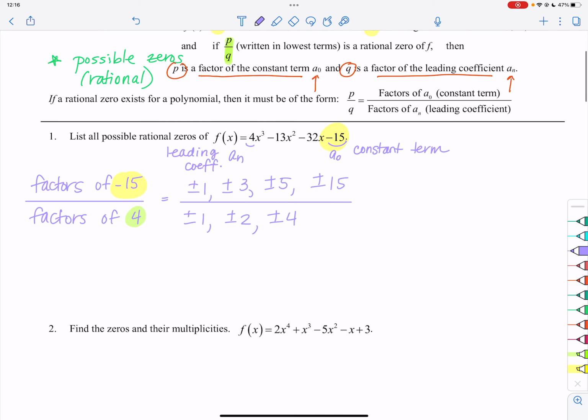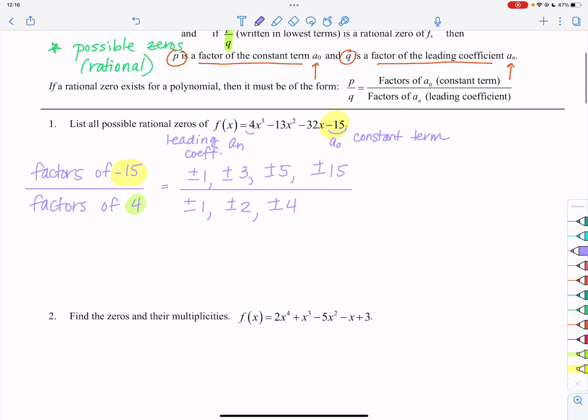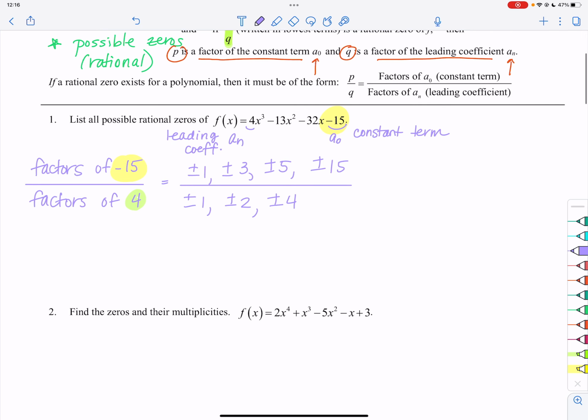So now what we're going to do is give all of those combinations. What I like to do is start with plus or minus 1 and put that over 1, 2, and 4. Then I'll go to 3 over 1, over 2, and over 4, and so forth.